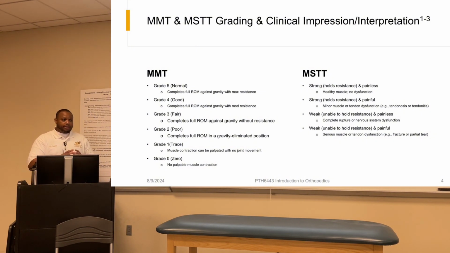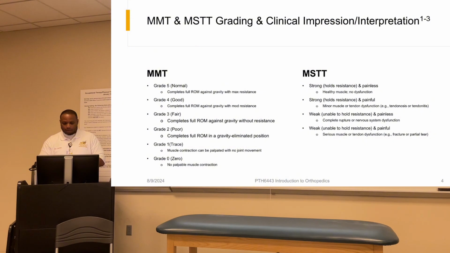If a patient is able to hold resistance, meaning the muscle is strong, and it is painless, without pain, that means the person is able to hold your max resistance without pain. That is typically a healthy muscle without dysfunction. Now, if a person is strong and able to hold resistance, but it is painful, that is typically a minor muscle or tendon dysfunction, something like tendinosis or tendinitis.